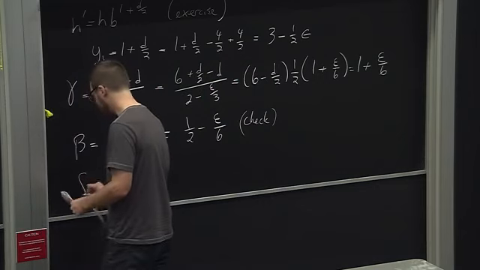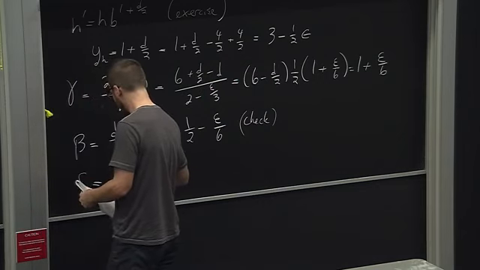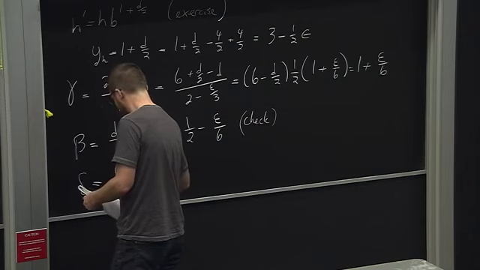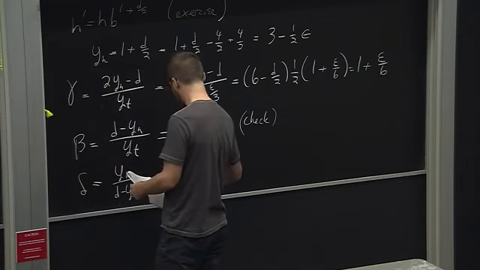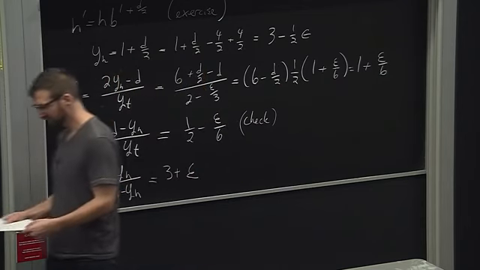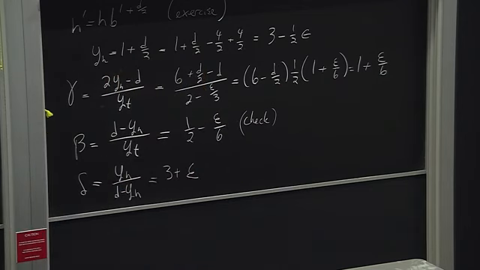Oh, I forgot about delta. Three plus epsilon. It is for the Gaussian, and something different for Wilson-Fisher. These are all Wilson-Fisher.